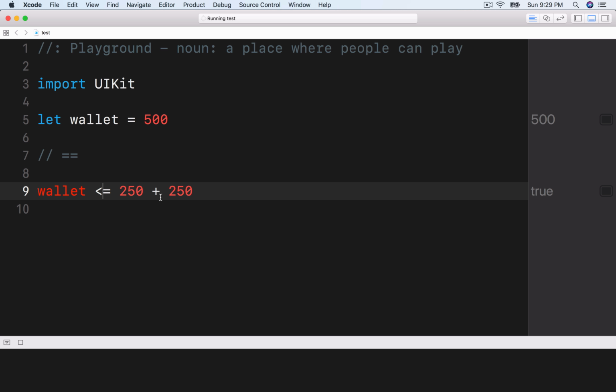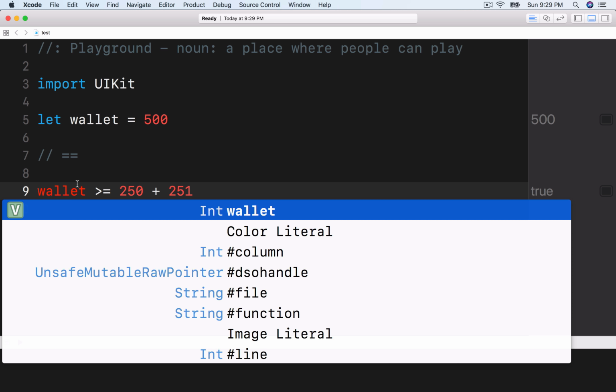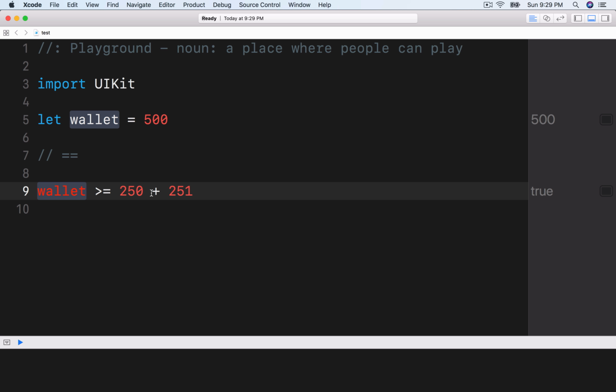Less than or equal to, it's true. But when we say is equal to 501, this is going to be false because this side is 500. Oh, my bad. So wallet is less than 501, but wallet is not greater than 501. 500 definitely is not greater than 501. All right. Yeah, dig.